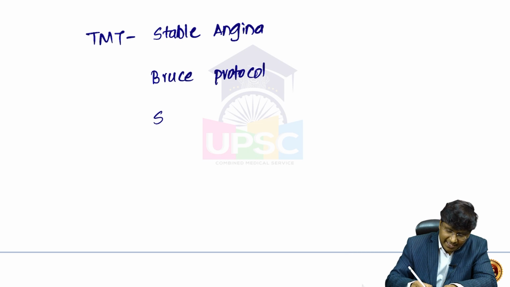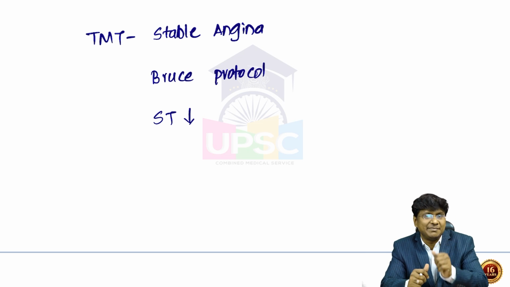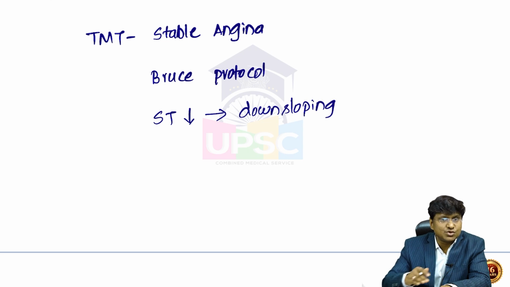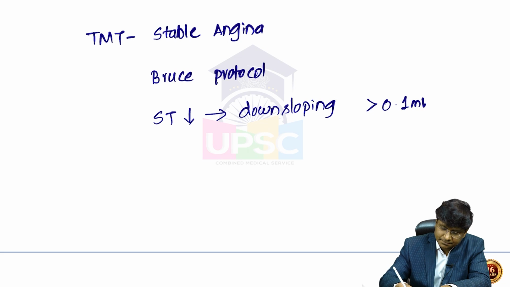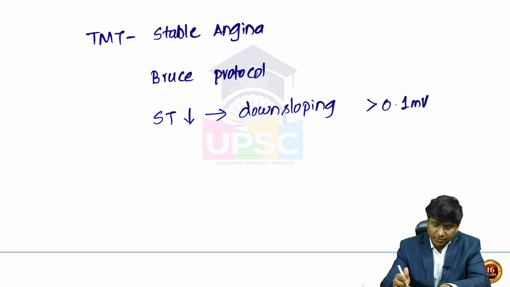So the diagnosis requires a new onset ST segment depression, okay? This should be downsloping ST segment depression, and it should be more than 0.1 millivolt below the baseline, okay?